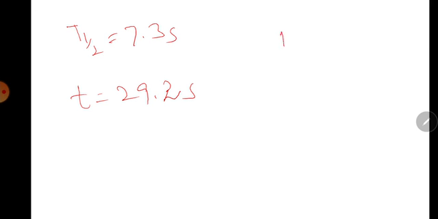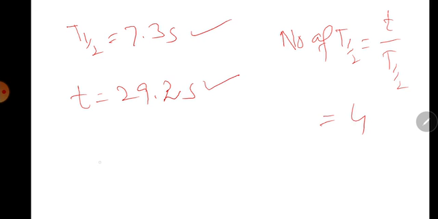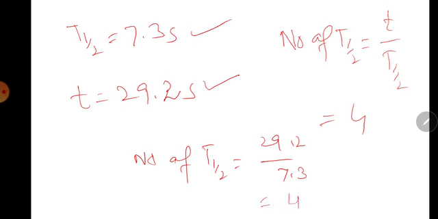So number of half-lives, you will divide t by t 1 by 2. You will get 4. Or I will write number of half-lives is equal to 29.2 divided by 7.3 is equal to 4 half-lives.